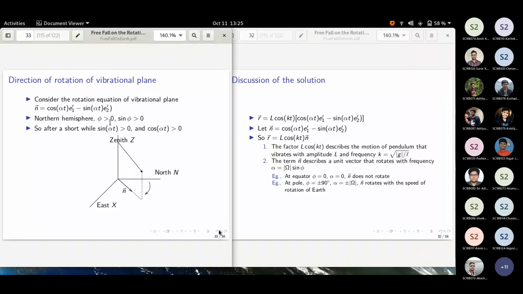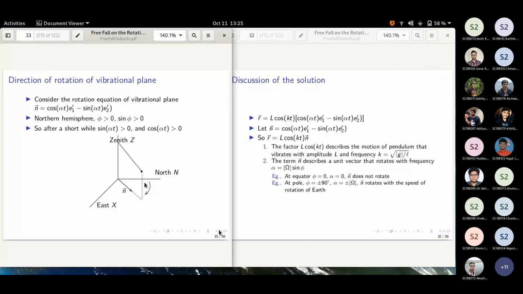After a short while, if we started from the east direction, the sine of alpha t and the cos of alpha t both are greater than 0. So I should see the motion anti-clockwise. Is it correct?